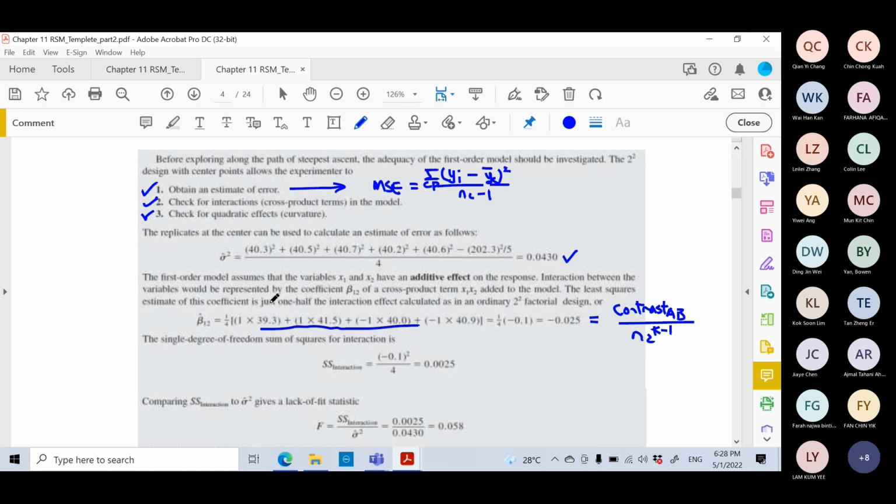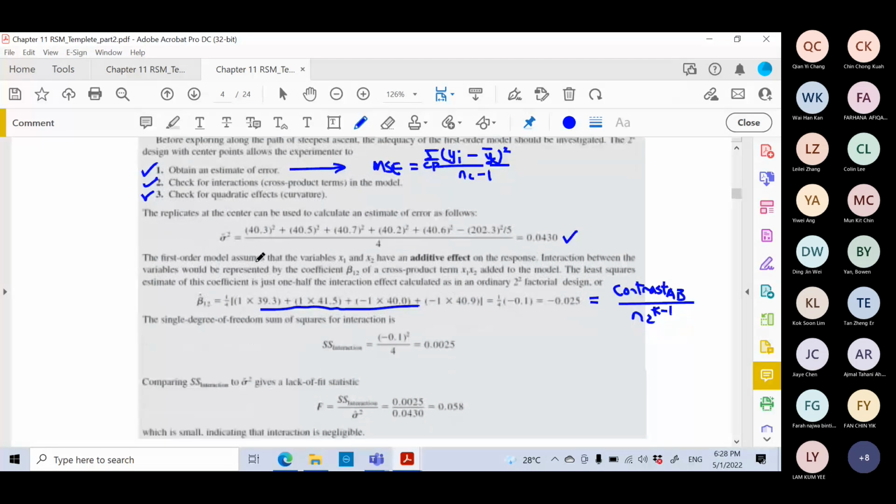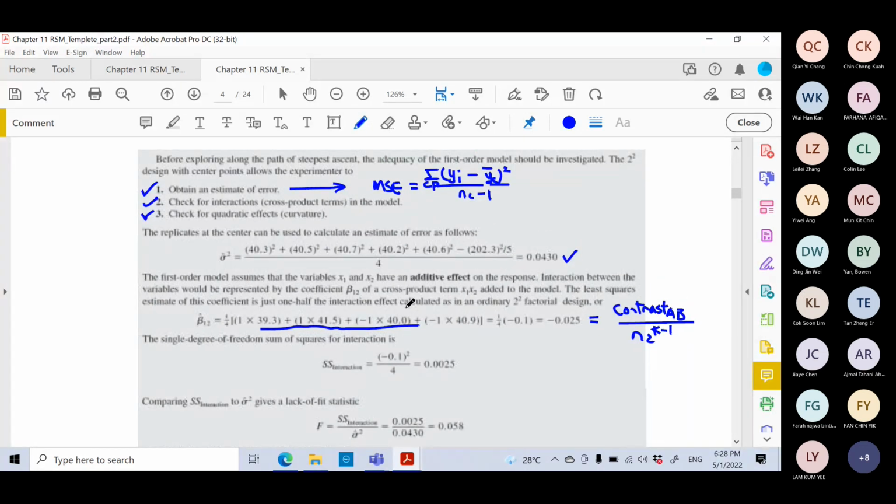So you can try it out and then calculate the contrast. After that, this one is just the effect of them, because the beta 1 2 is just the effects divided by 2.